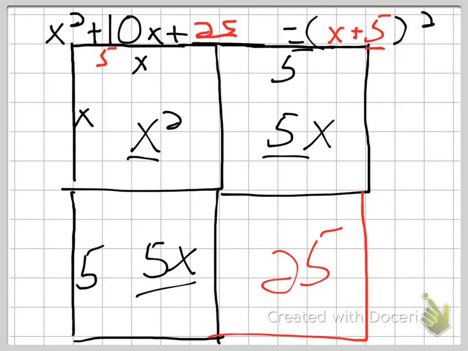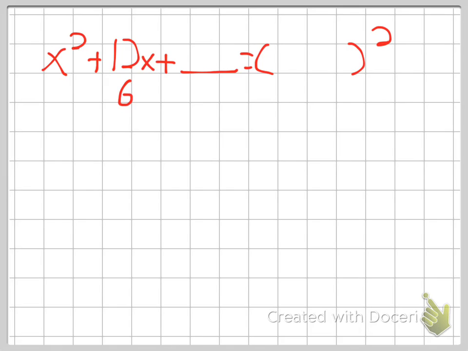So ask yourself, do you want to keep making squares, or do you observe a pattern? So let's try it without making squares this time. Based on our pattern, we know what to see. So if I take half the coefficient of the linear term, I have two things I'm concerned about. This is going to be 6 squared, which is 36, and then it's going to be x plus 6.